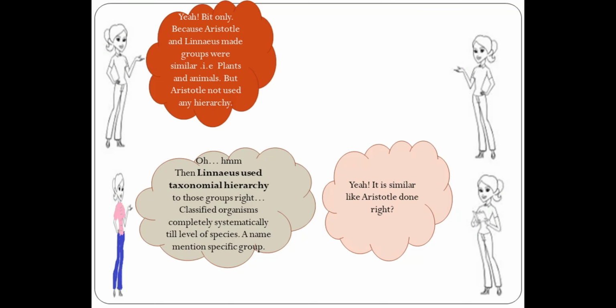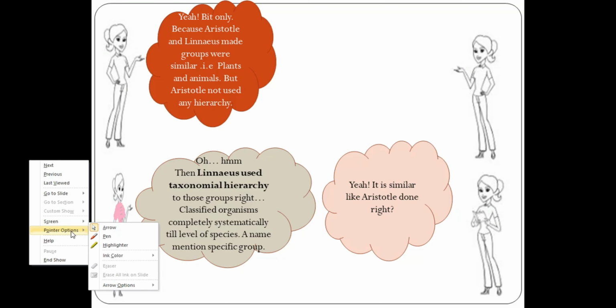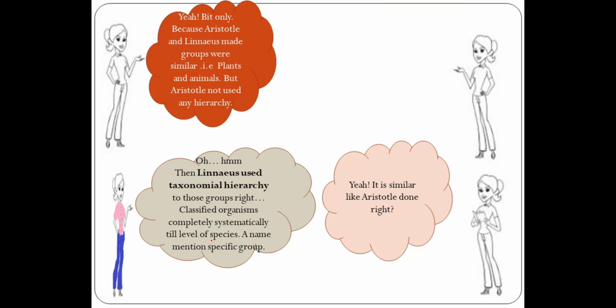So this is what you come to know under the two kingdom classification system given by Carolus Linnaeus. And one more thing I mentioned here is species. We need to know what a species is.